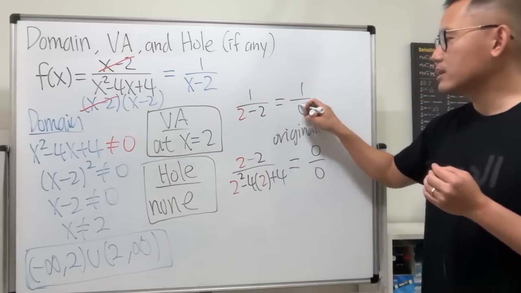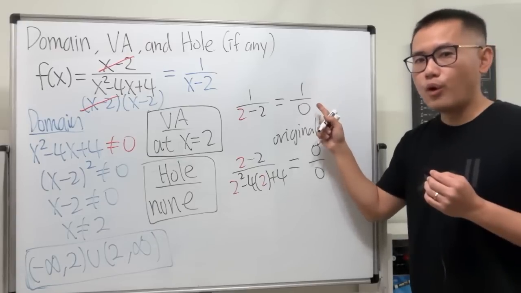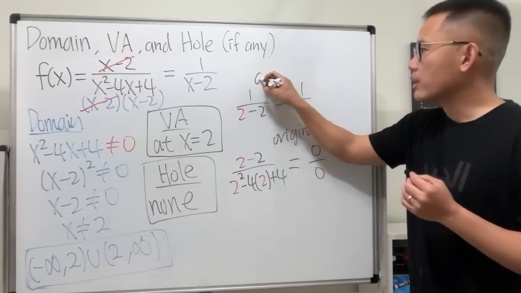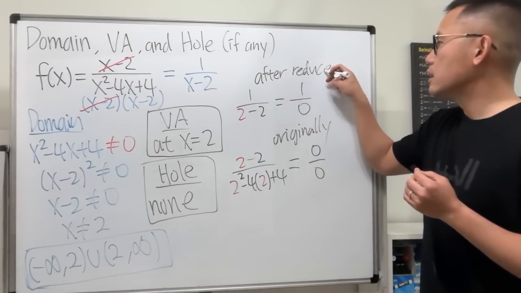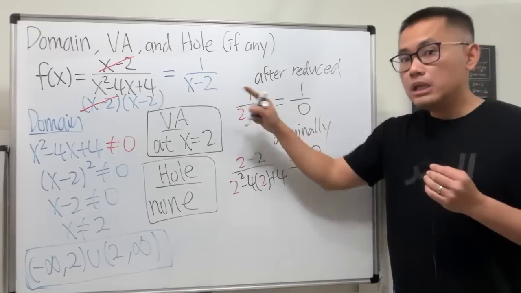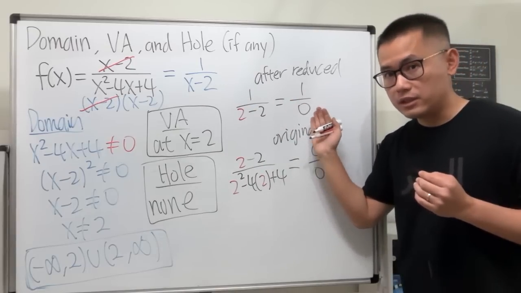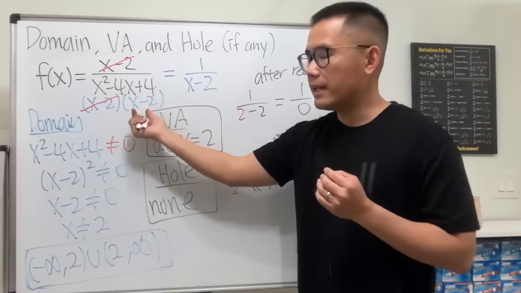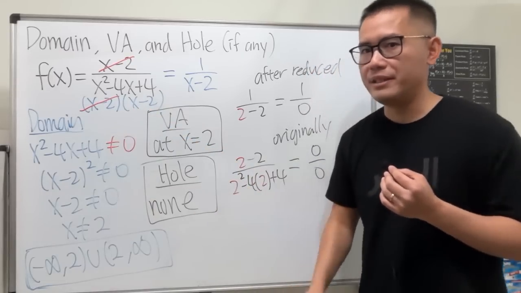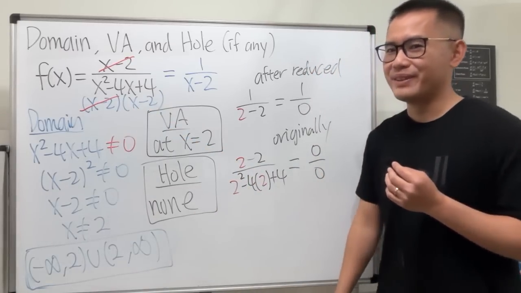You still get non-zero over 0. So after reduced, if you still have non-zero over 0, that will generate a vertical asymptote because the x minus 2 didn't get cancelled out completely. So be really, really careful.